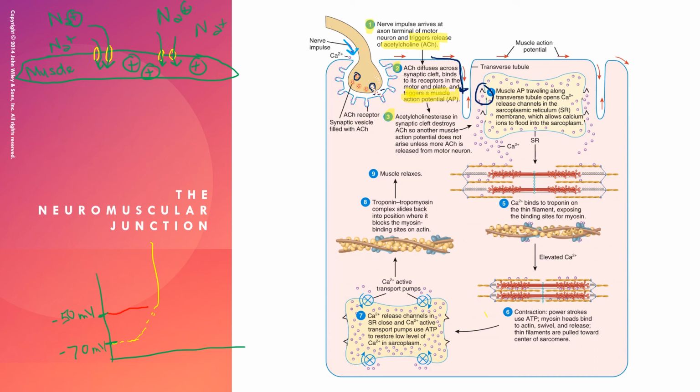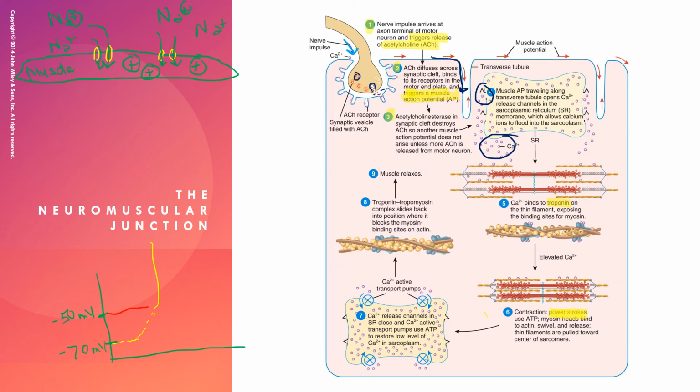So we have that influx of calcium. The calcium will then bind to troponin, which changes the conformation, it changes shape, and it moves that tropomyosin away from the myosin binding sites on actin. And then we have contraction, the power strokes that happen. Remember, we have those cross bridges that are made.